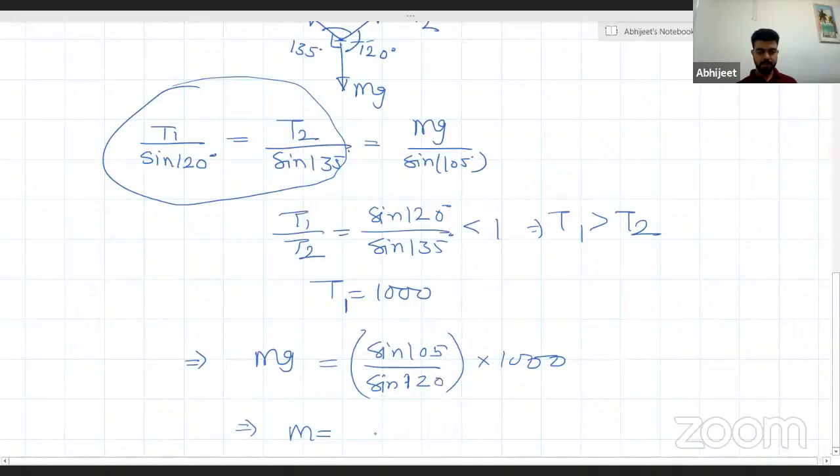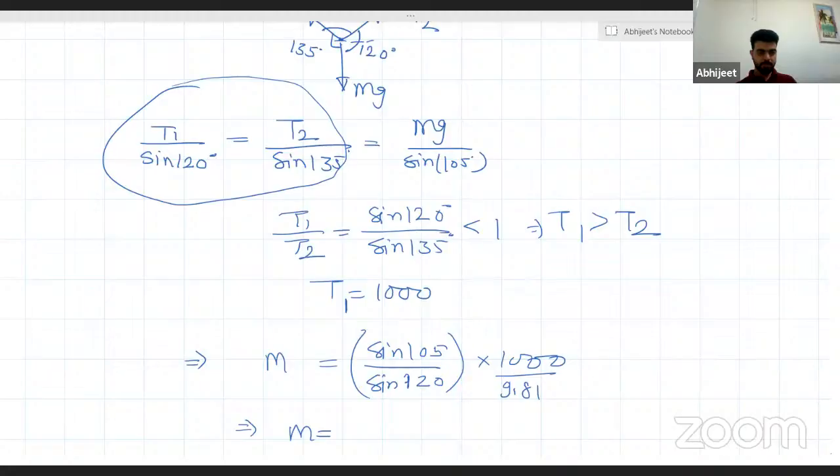Now, which is the correct answer? Let me know. Here we can divide by 9.81, so we'll get only m. So sine 105 divided by sine 120, into 1000 divided by 9.8. Okay, again it is coming 139.